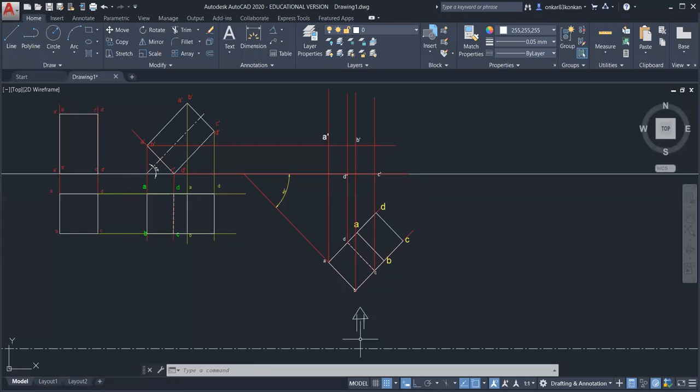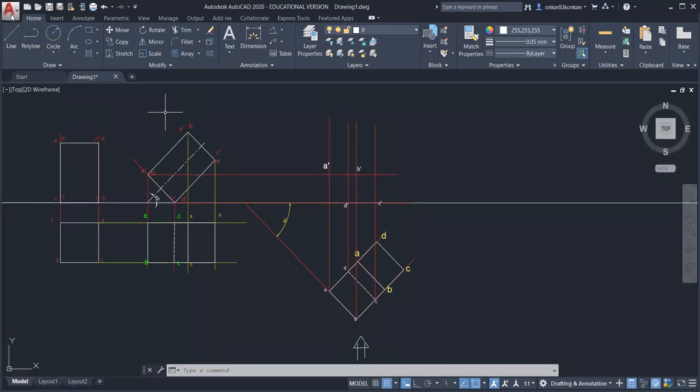So from this direction, the complete bottom base ABCD will be visible. Therefore, we have to connect all these points by a continuous thick line. So connect AD, CD, then CB and AB by a continuous thick line. This complete base is visible.